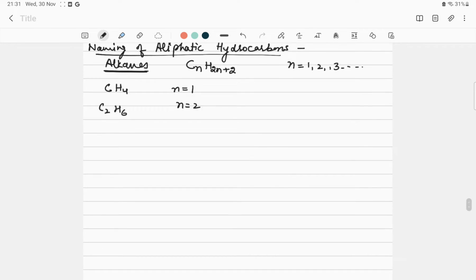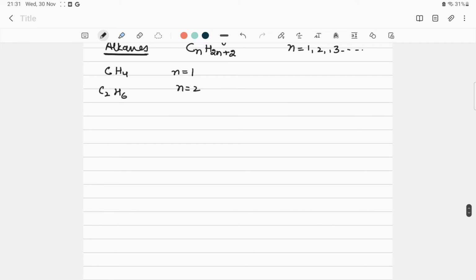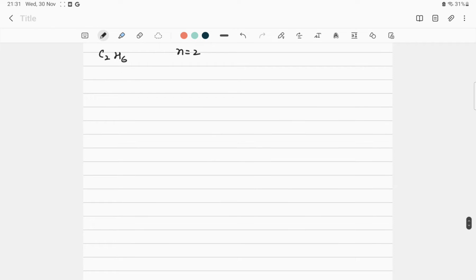Now we are moving to the rules for naming. The first rule for the naming of any compound is to select the parent chain. Now, what are the rules for selecting the parent chain? What conditions should we follow?